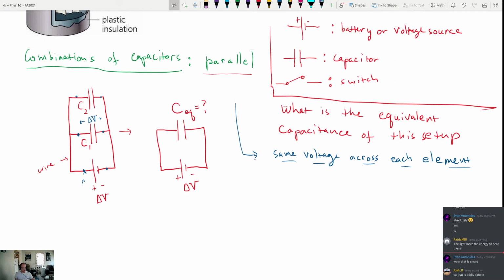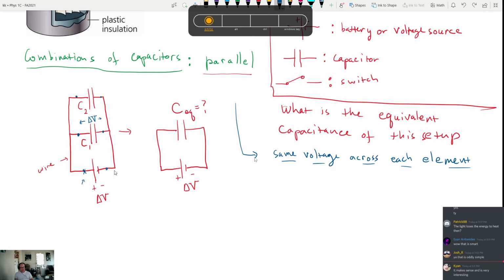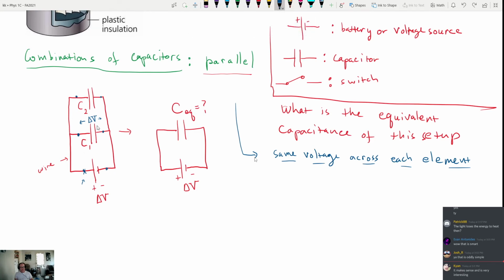Okay, so same voltage across all the elements, and that's the important thing here, okay? All right. So the other thing is that when I have taken this combination of two capacitors and reduced it down to just one capacitor, for this capacitor I can say it's going to have some charge that I call Q, okay? And coming back over here, I'm going to say the charge on the top one is Q2, and the charge here is Q1.